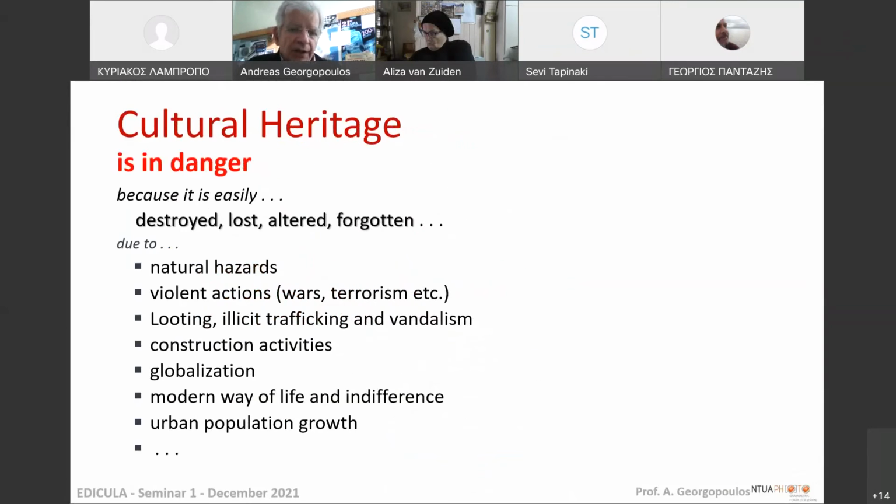Now, we all know that cultural heritage is in danger, and it's in danger because of many reasons. As you can see, there are a lot of reasons that endanger cultural heritage, like natural hazards or violent actions or looting or globalization or urban growth or whatever.